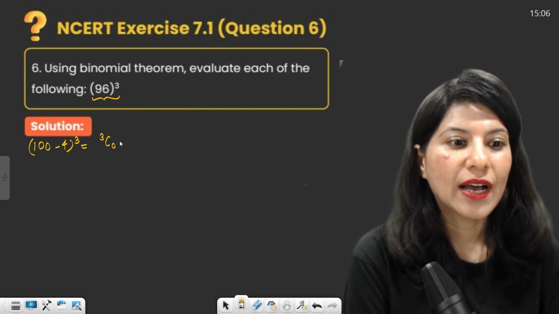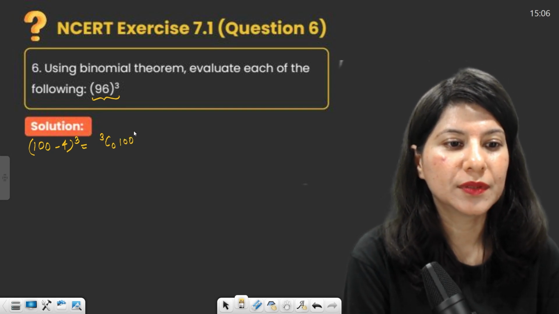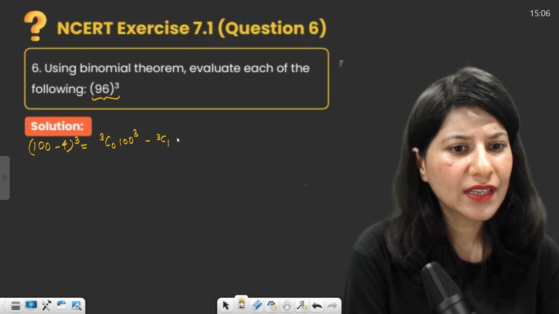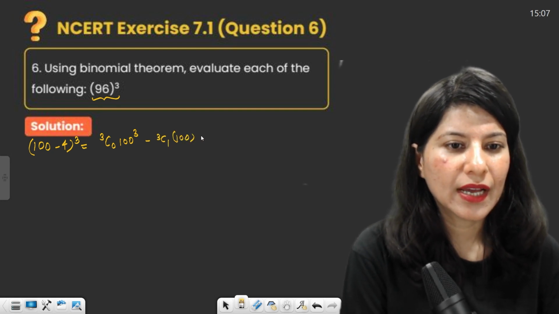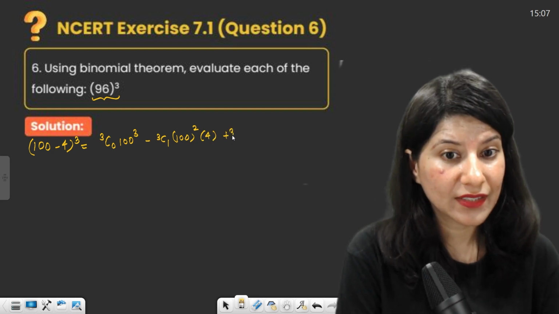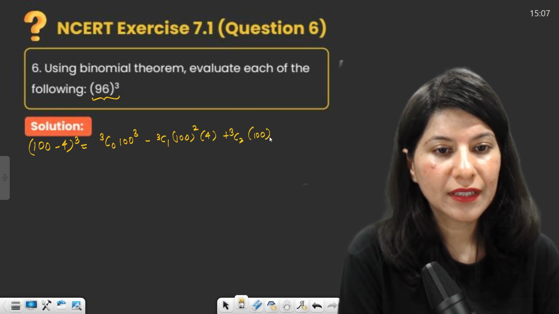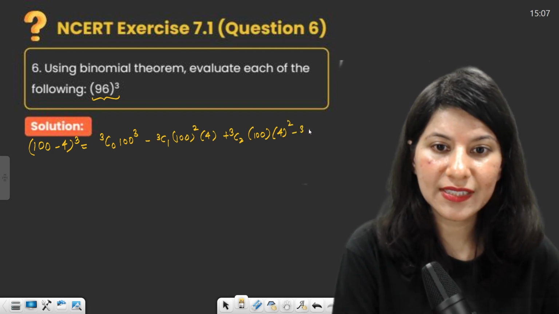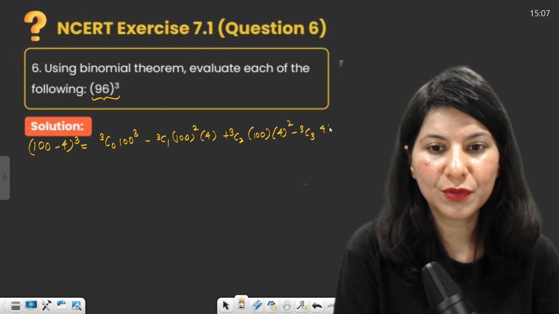3C0 and it is 100 cubed, minus 3C1 100 squared into 4, plus 3C2 100 into 4 squared, minus 3C3 4 cubed.